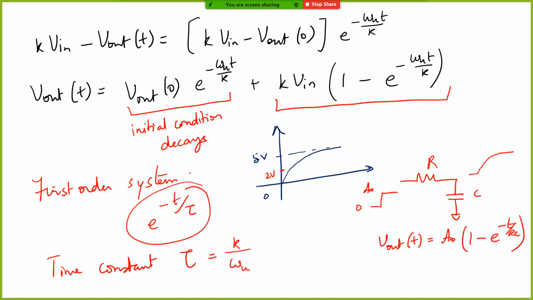Because instead of the initial error at time t equal to 0 plus being 5 volt, your error is now only 3 volt. So obviously your initial slope will be different, and it will be something like this. So basically this is a more generic system where you take care of the initial condition also.